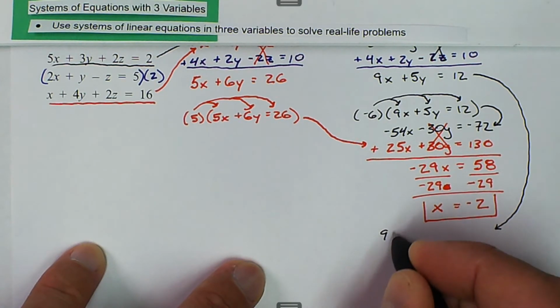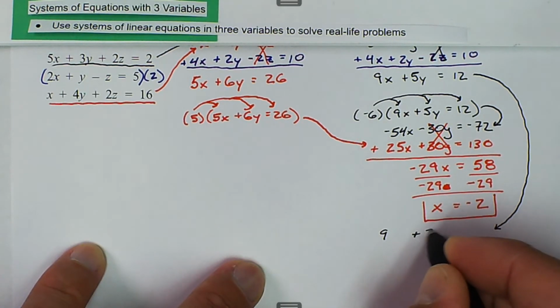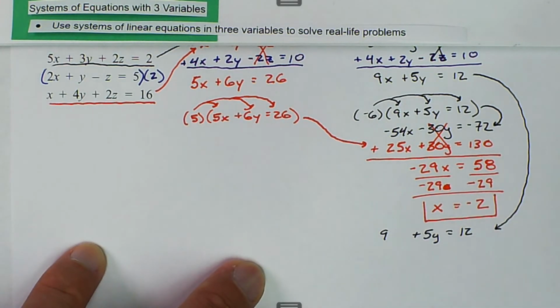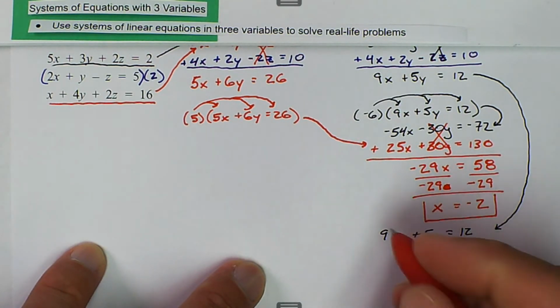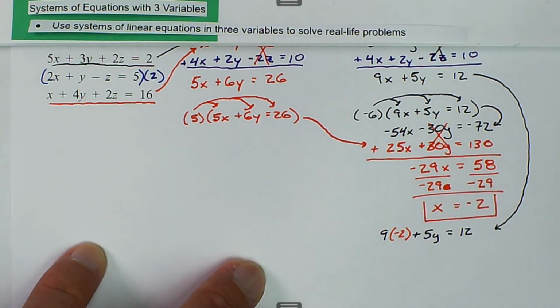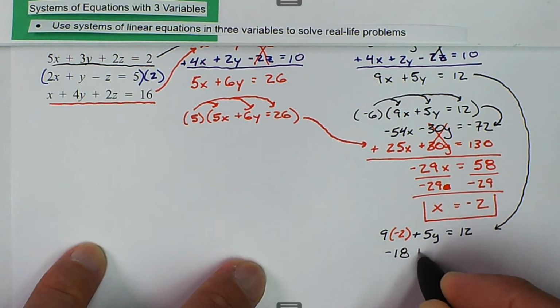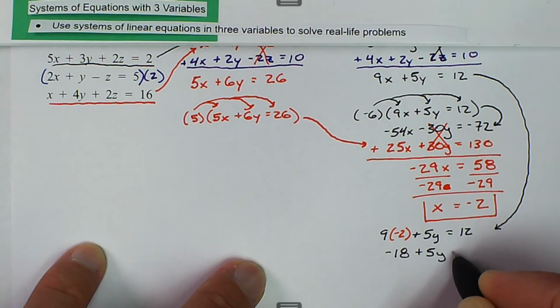So we're going to have 9x plus 5y equals 12. And I didn't write the x down, but I'm going to replace that with -2. So I took the x out and replaced it with -2. And then we get -18 plus 5y is equal to 12.